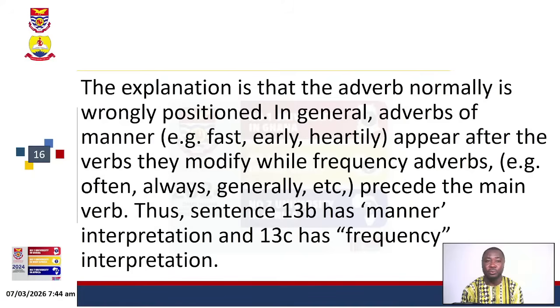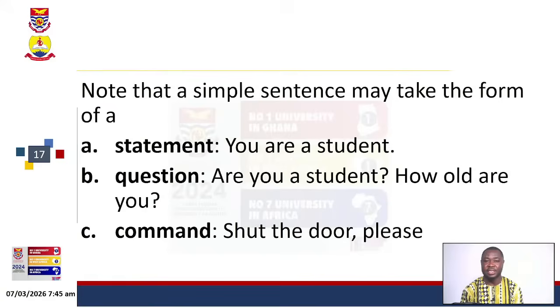This is a rule. It's an important one. So you can note it, put it down, and then make sure that this rule is seen or demonstrated in your own writing. So sentence 13b has manner interpretation, and then 13c has frequency interpretation. These are the two meanings that potentially come out of the sentence.